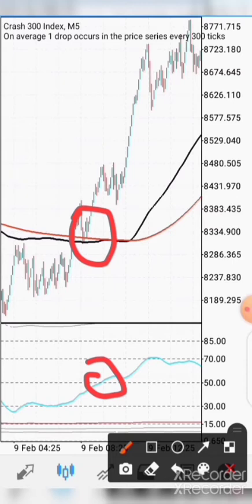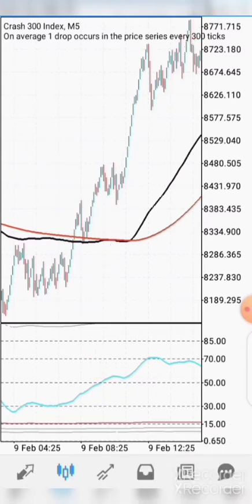You see where the RSI crosses the 50 level. See what happens to price. It shoots up. So what are we going to do here right now?